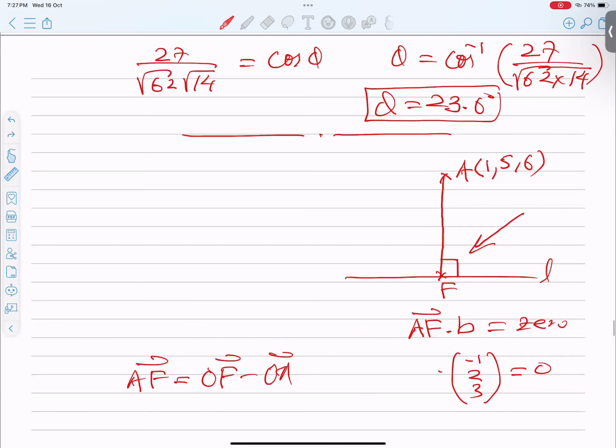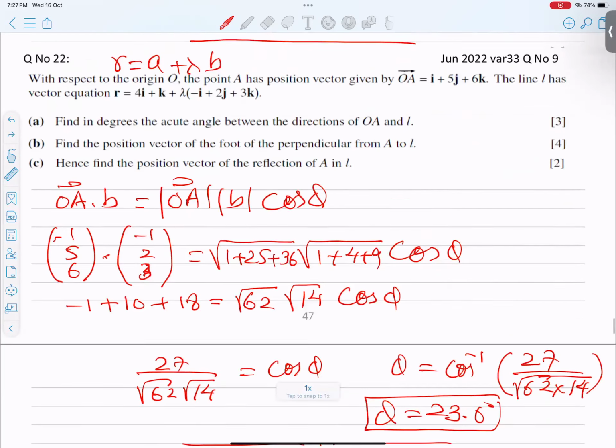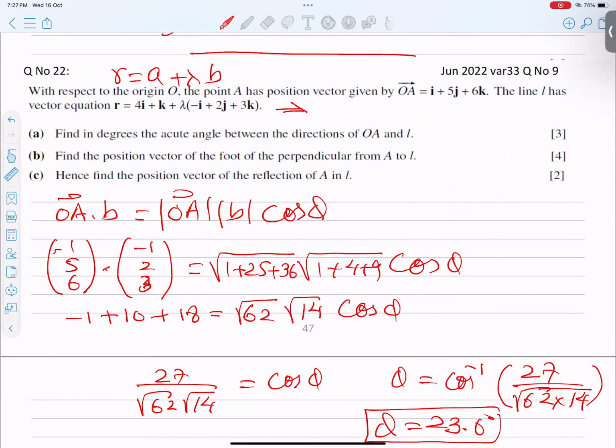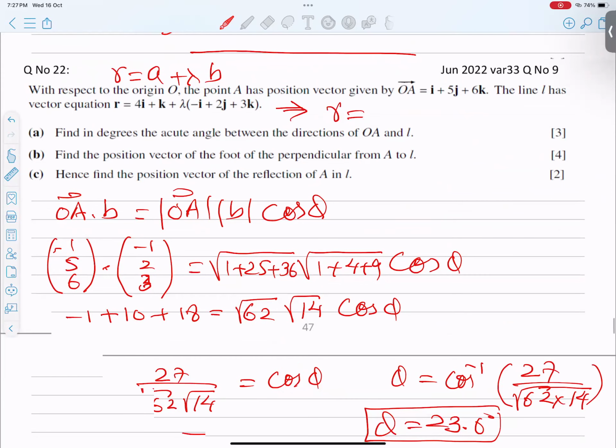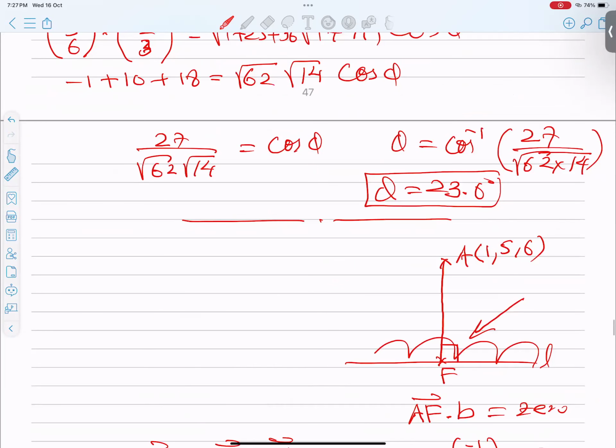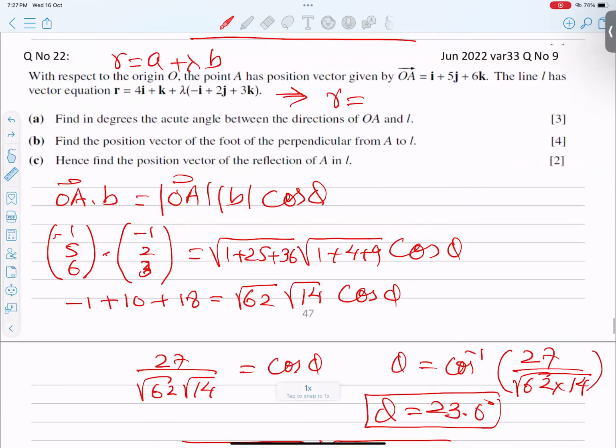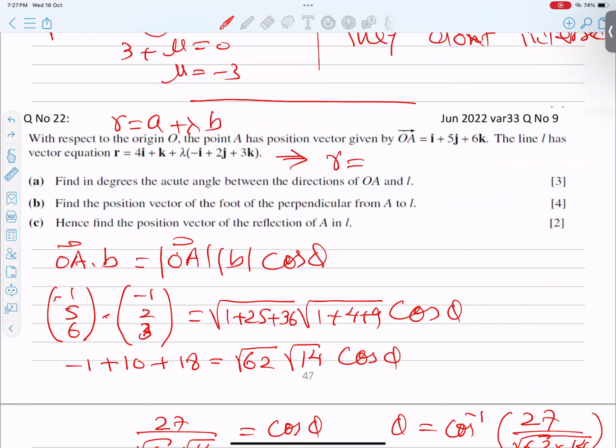Student, whenever I convert a line into the special format called standard form, it represents a million trillion points that lie on the straight line. So I am bound to convert the line into standard form, which is very easy to convert. From here 4, and from here negative lambda i. So I get 4 minus lambda. Here no j, so I'm writing 0j. And here lambda times 2, I get 2 lambda.